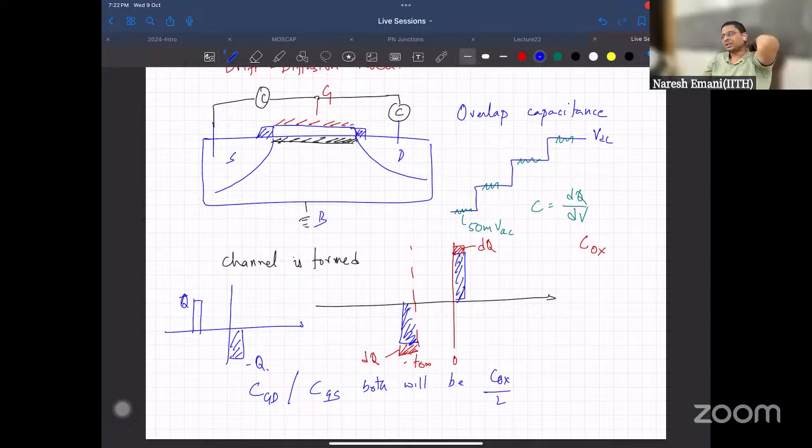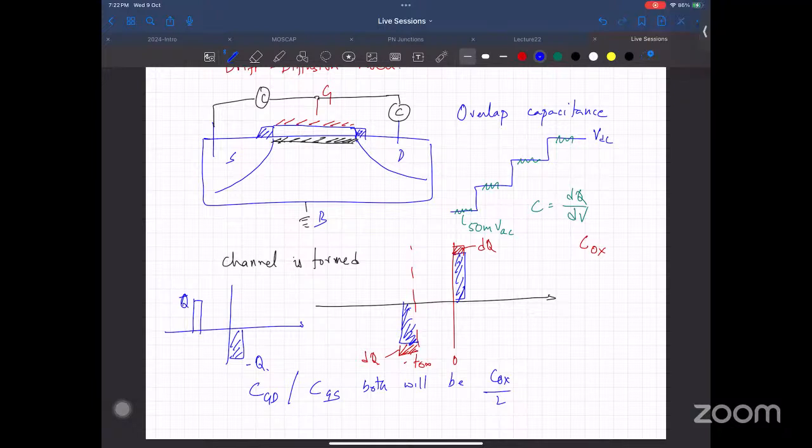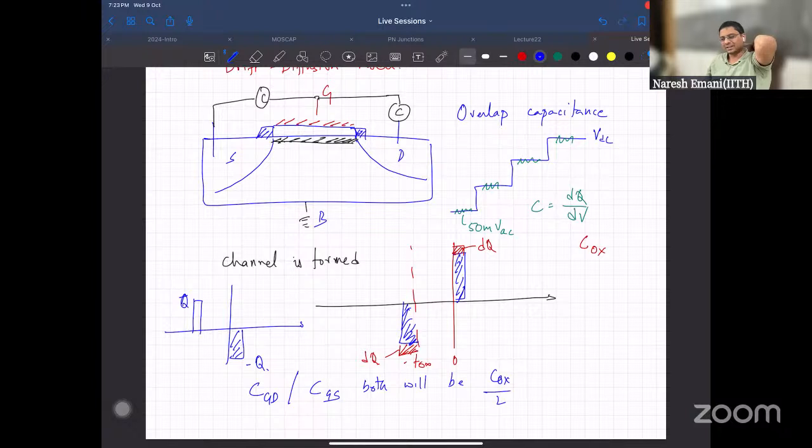So basically, you have to think of where the charges are coming from. And if you go to saturation, for reasons which I will not explain to you, the CGD becomes 0 and CGS becomes 2 by 3 Cox. So essentially, the capacitance of this device becomes very complicated.